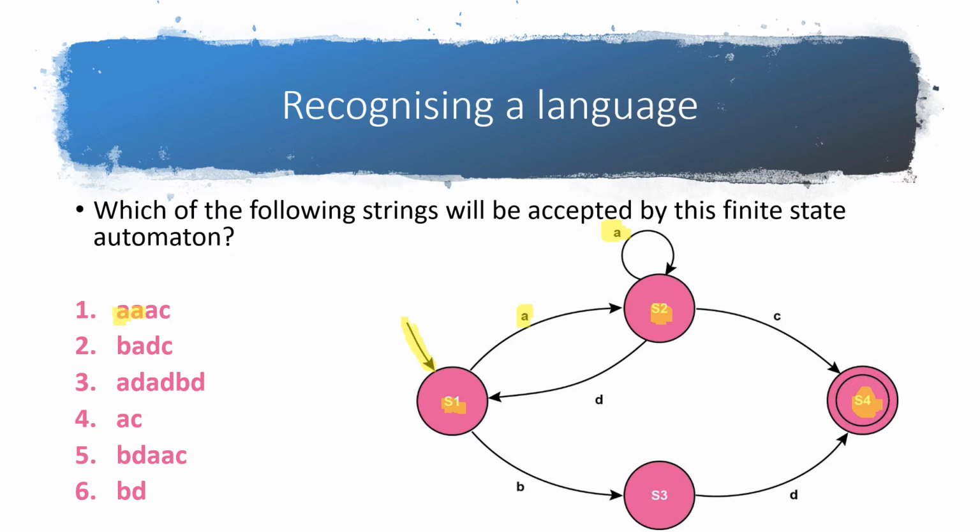So as you can see on this third A, we're still going to be on S2, right? But if we're on S2 and we have a C, we've got that transition there, and that's going to allow us to finish on our accept state, right? So what we can say for certain is that that one there is valid.